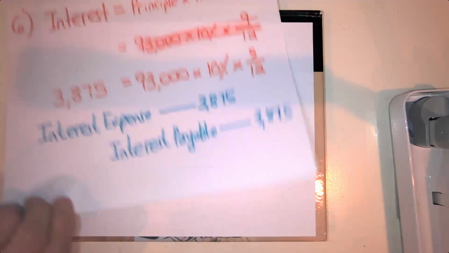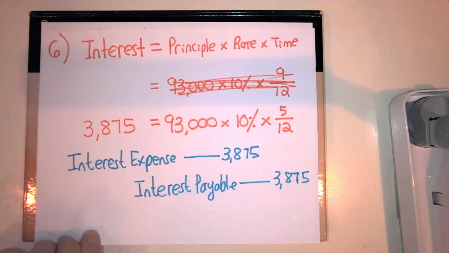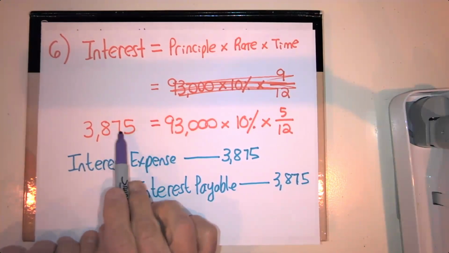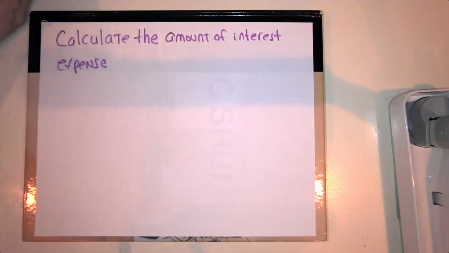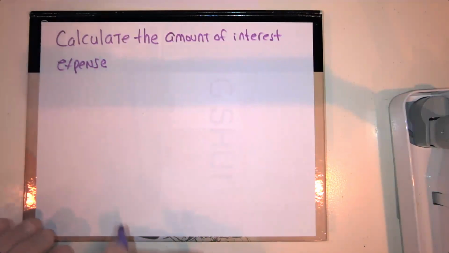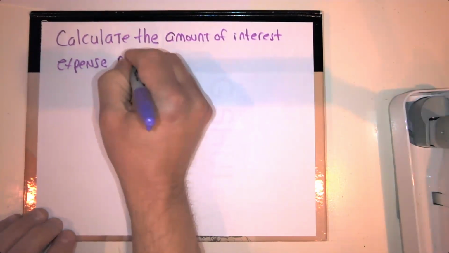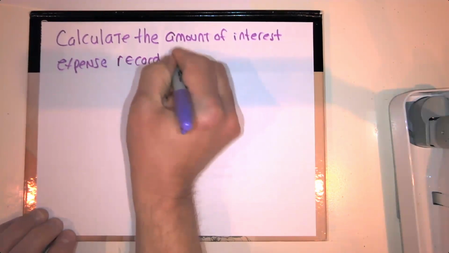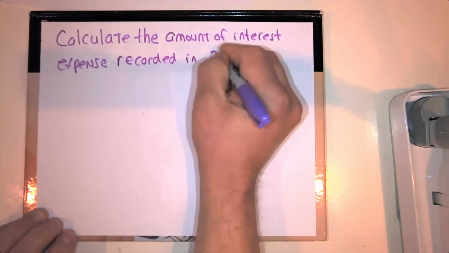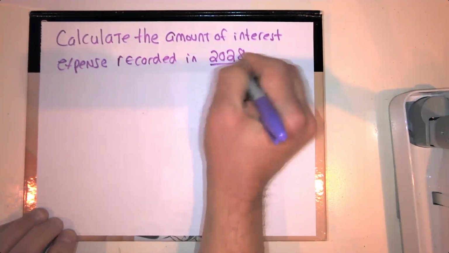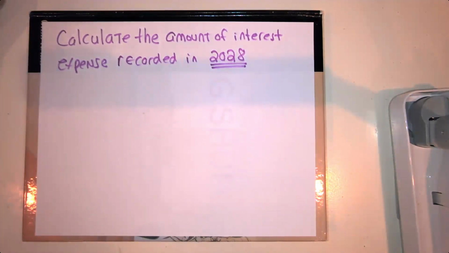Grant already knows, in 2027, the interest expense is $38.75. I want to know the amount of interest expense recorded next year, in 2028.